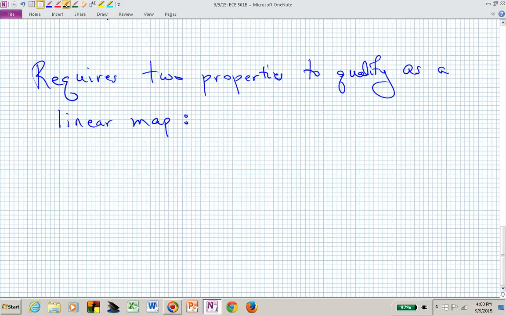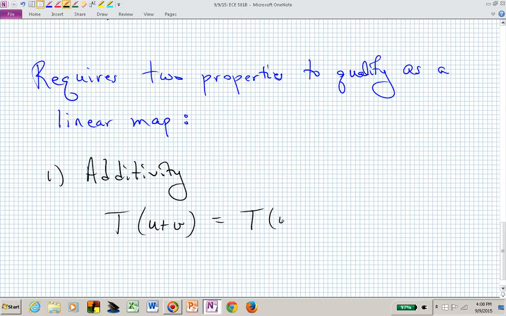The first property is additivity, which says if you have two vectors from your input space and you add those together and map the sum through T, then that should be the same as taking each of these vectors by themselves, mapping them through T, and forming their sum at the output side.